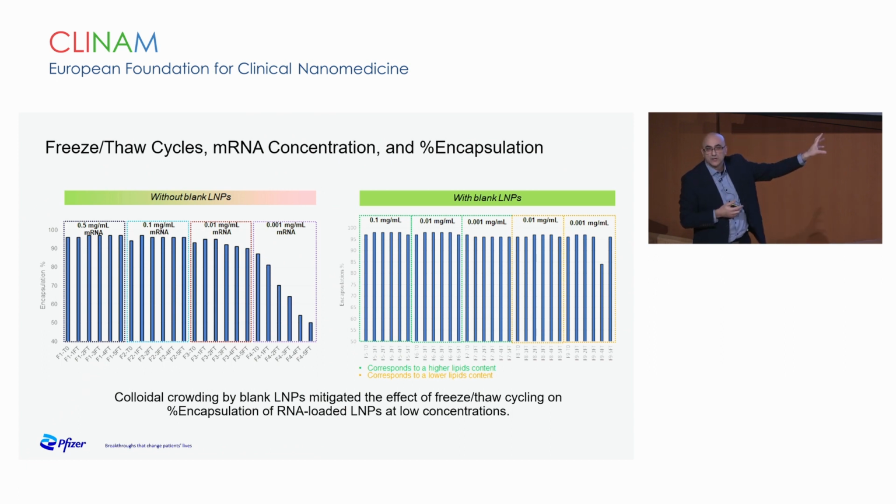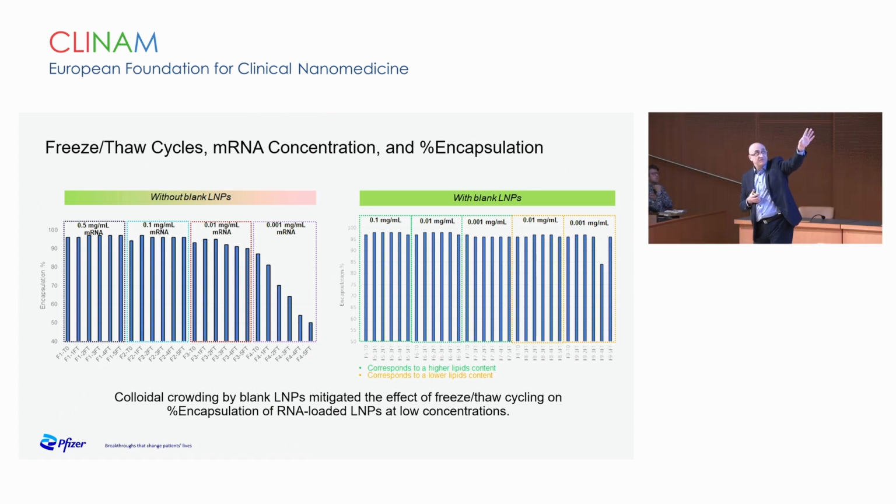So there's no addition of blank LNPs at this point. At 0.5 mg per ml of mRNA concentration, no problem. 0.1 is also okay. You start seeing some effects as soon as you get to 0.01, and then everything goes down as soon as you hit 10 times less than that.